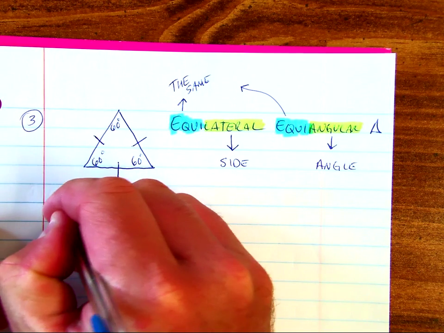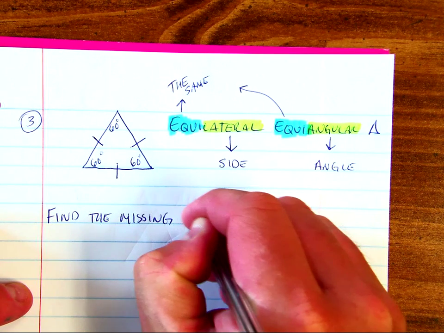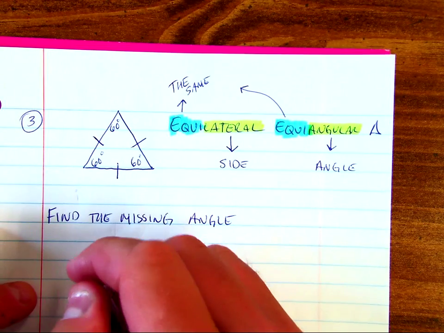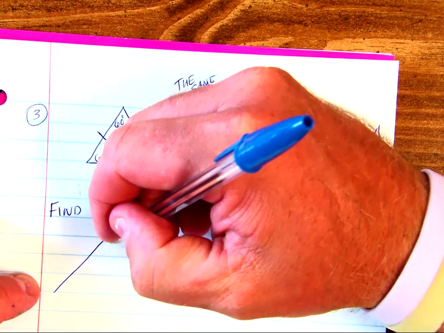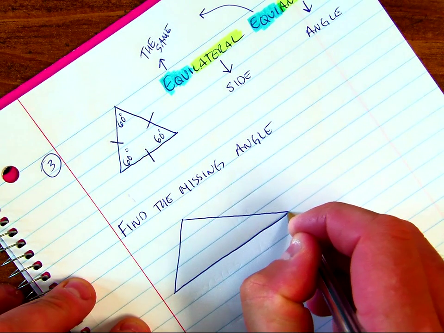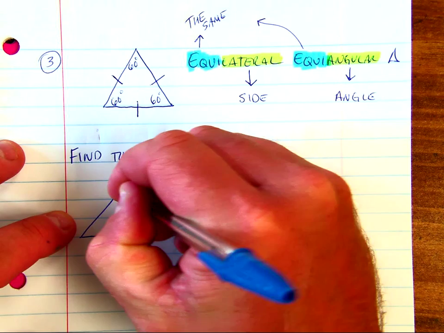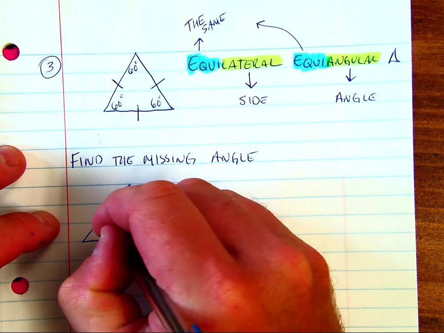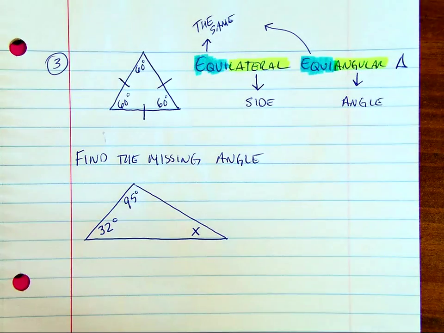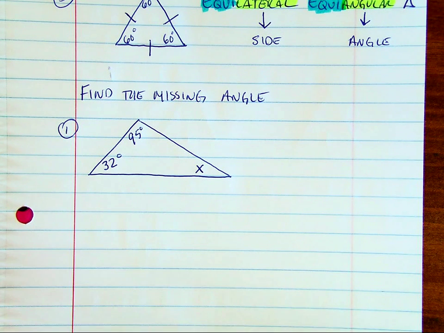Find the missing angle. So now we're still working with triangles. Now it says find the missing angle.